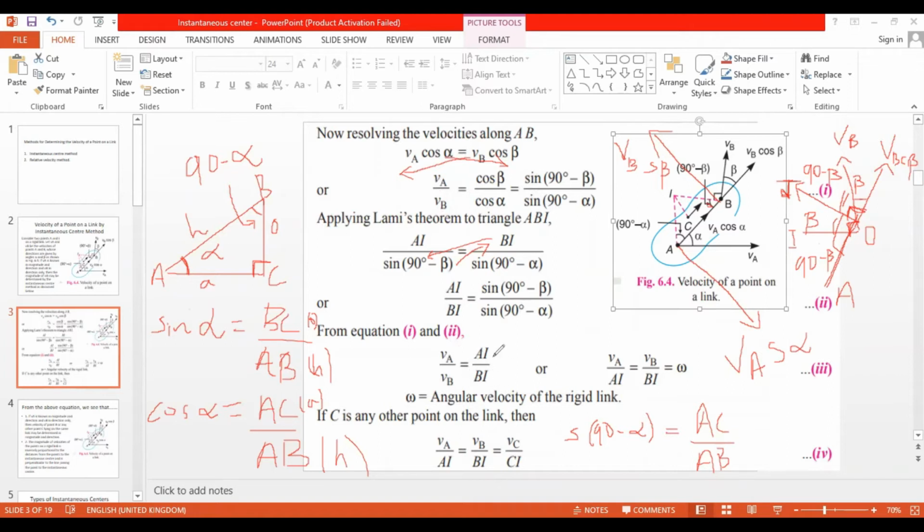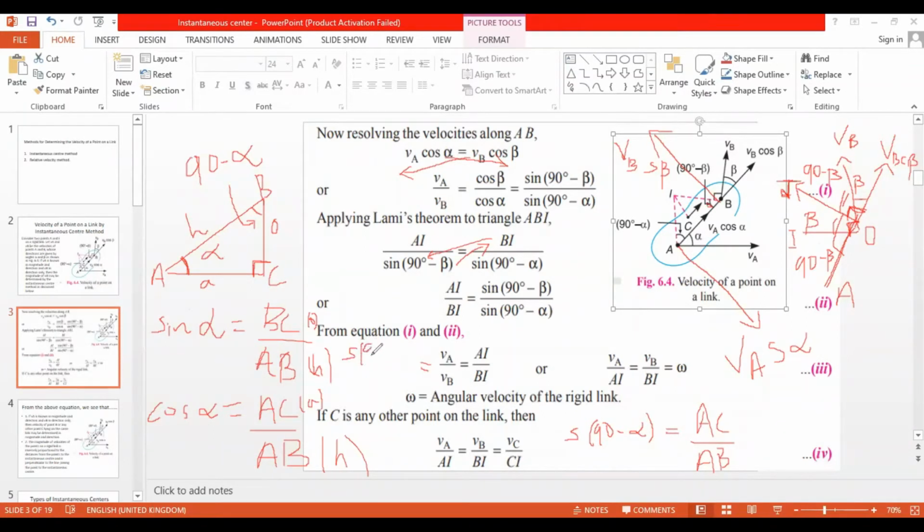All right. So after this derivation, I can write VA upon VB is equal to AI upon BI, which will be equal to sine 90 minus beta upon sine 90 minus alpha, right?